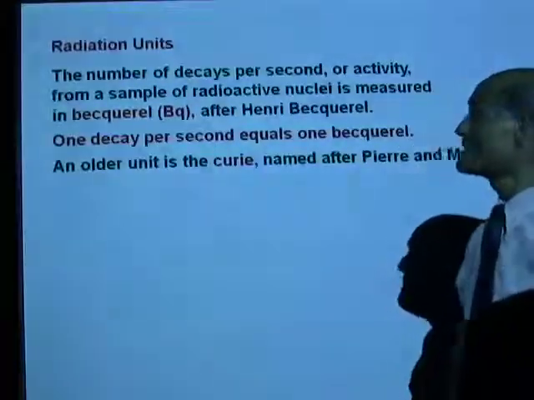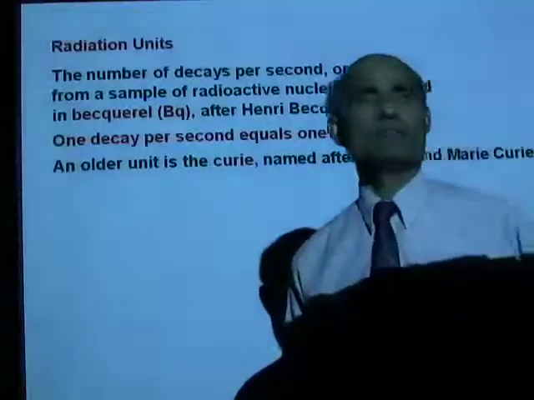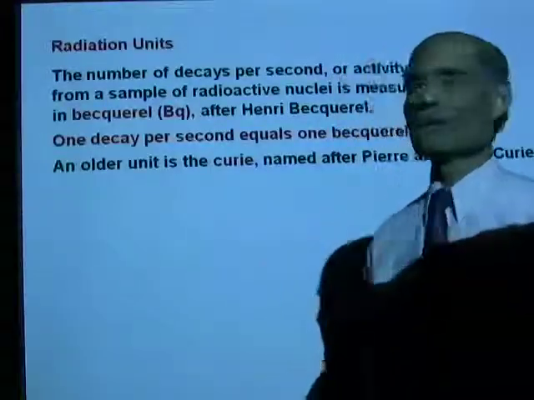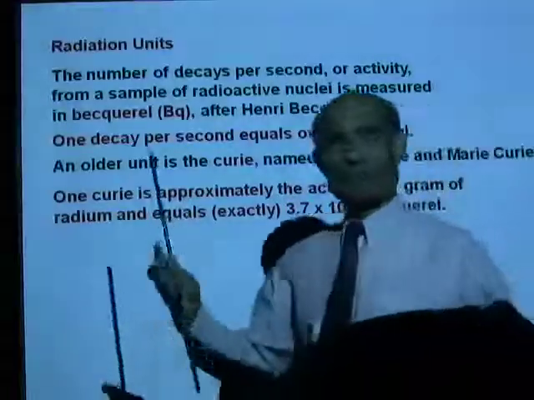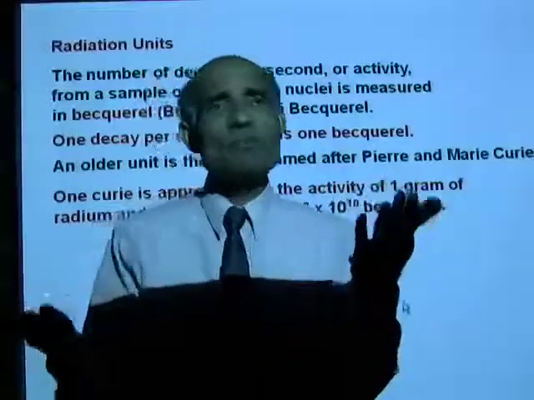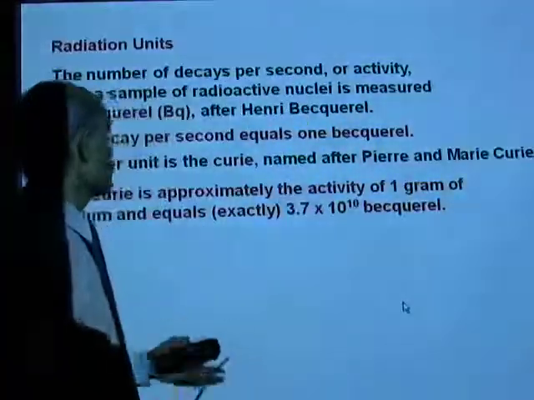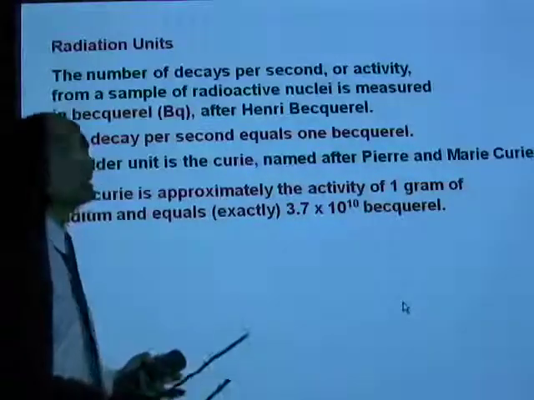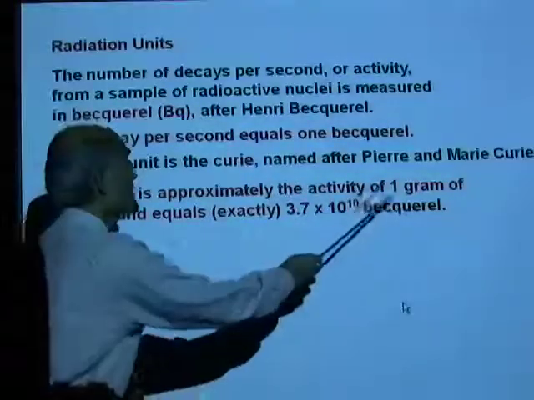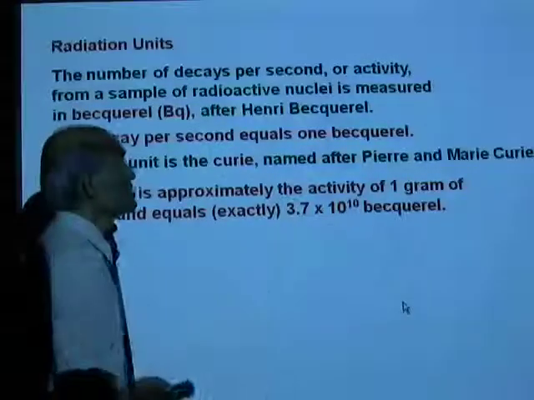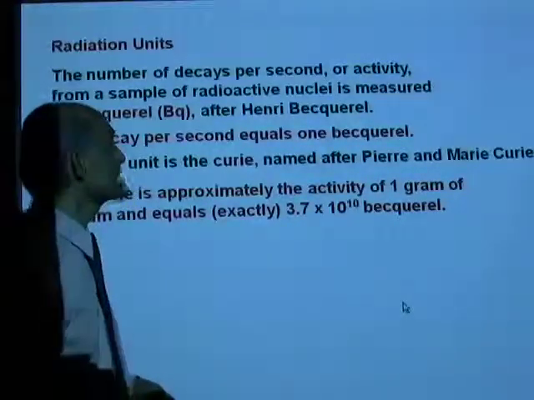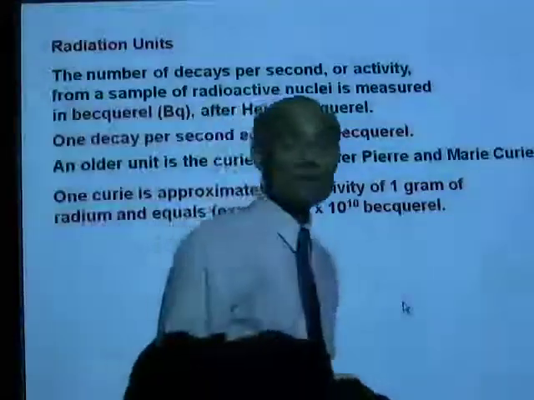An older unit is the Curie, named after Pierre and Marie Curie. And what's the relation between a becquerel and a Curie? 1 Curie is approximately the activity of 1 gram of radium, and it is equal to 3.7 times 10 to the power of 10 becquerel.